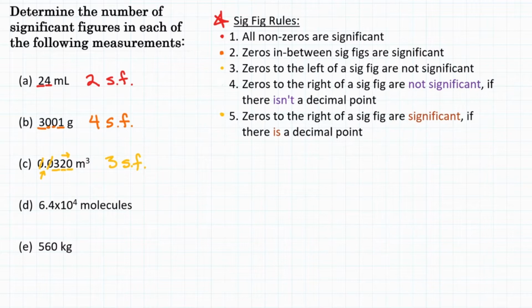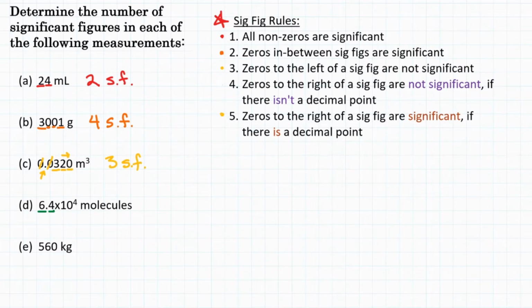All right, question D says 6.4 times 10 to the 4th molecules. So the nice thing about this number is it's in scientific notation. We have 6.4 times 10 to the 4th. In scientific notation, whatever digits are written out first must be significant. So we're going to assume that this question was written correctly, and both the 6 and the 4 are significant digits.